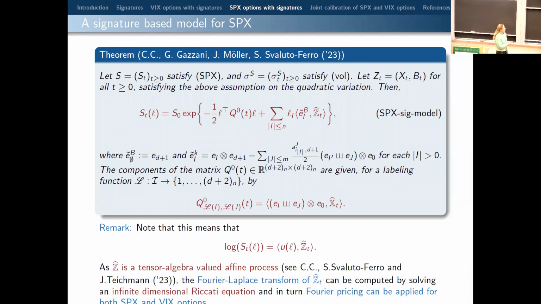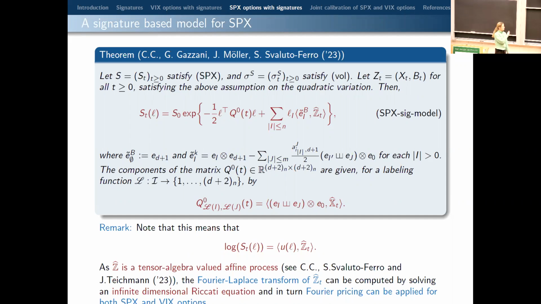And this in particular means that you can express the log price as a linear function of some u depending on this L of the signature of this Z hat. And this has other implications, because this Z hat is now also a tensor algebra valued affine process.